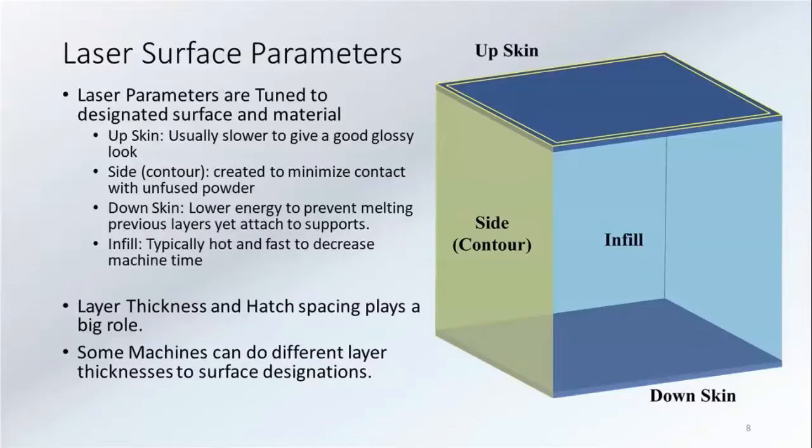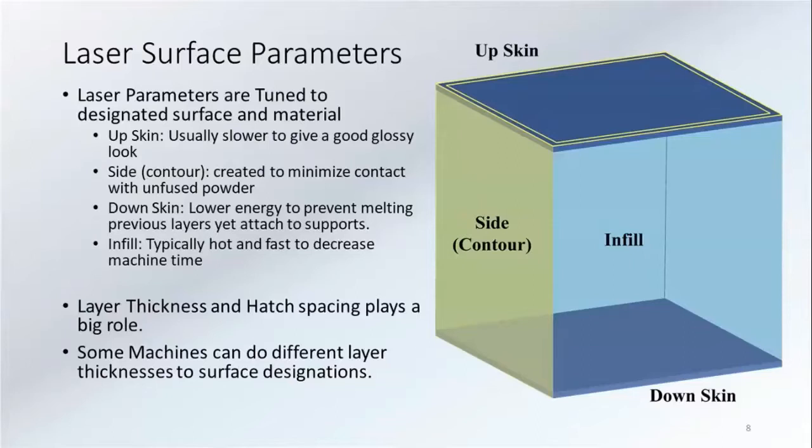We will typically hatch the contour out and raster around the contour, and then we'll do an infill pattern throughout that part. The upskin is typically a slower laser speed. You're not going to over melt, but you're going to try to have a lower power with a little slower speed and kind of gloss the top to give you a good shiny surface.